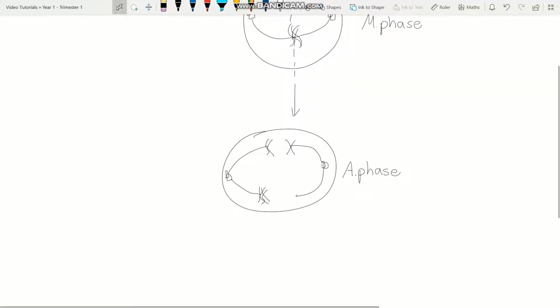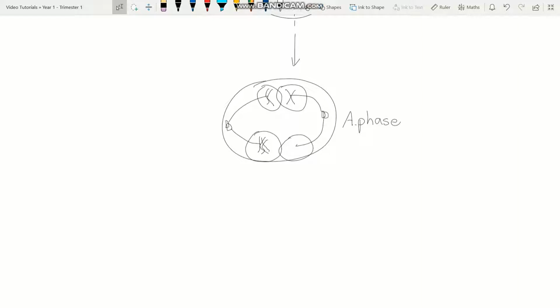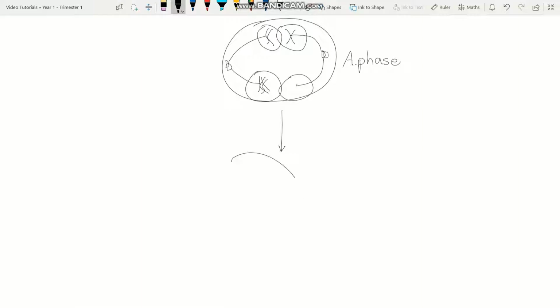And as we see in this picture here, there are two chromosomes present on this side and no chromosomes present on that side. So already we have a problem because normally there's supposed to be one chromosome present on each pole of the cell. So what happens after that? If non-disjunction occurs in meiosis I, after meiosis I we have, of course, two cells forming.